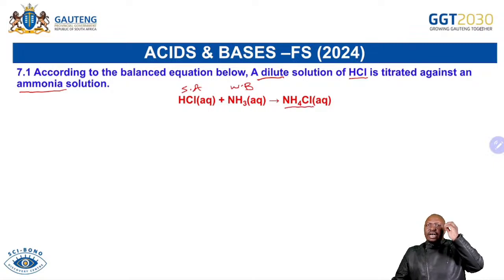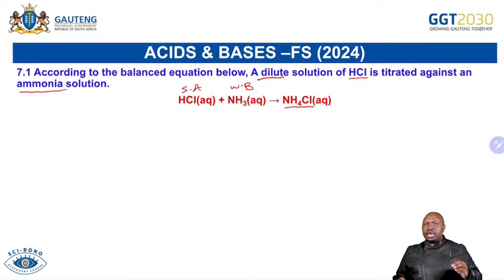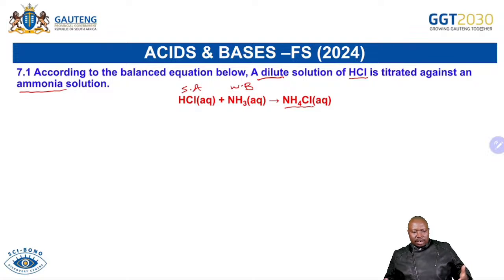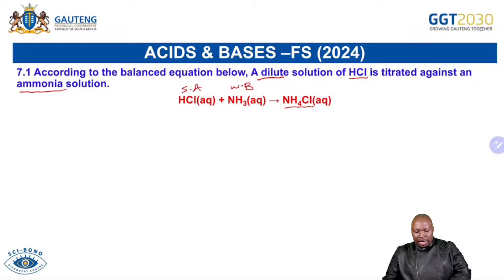And the first thing that will come to your mind is that these salts, they are either acidic or basic. During hydrolysis, remember we just put the salt in water. We are saying it will have a pH greater than 7, less than 7, or equal to 7. So you can see where we're going with this question.